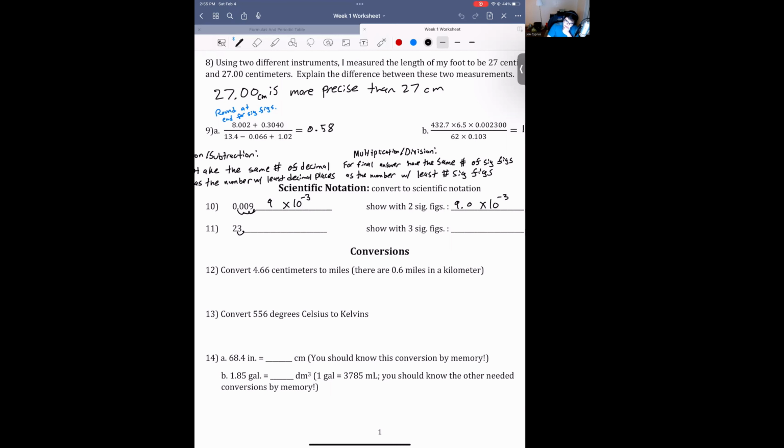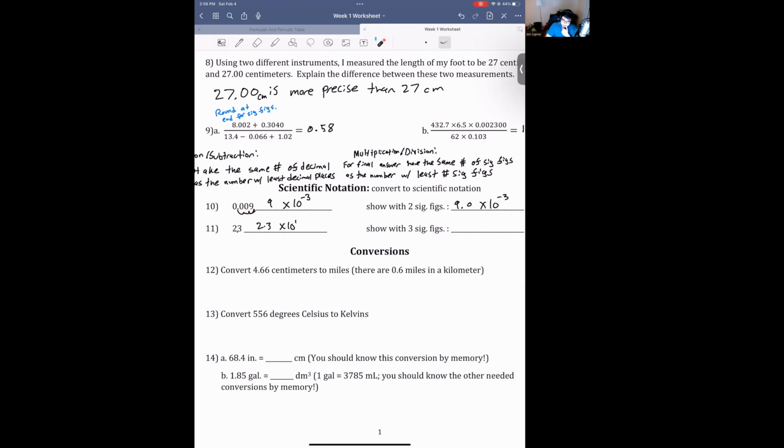So I'm going to have to multiply 2.3 times 10 to the first power, right? I'm looking at where I want my decimal to end up, in this case after the 2, compared to where it is right now. For the first one, I put it after the 9 and I'm moving back 3, so negative 3.